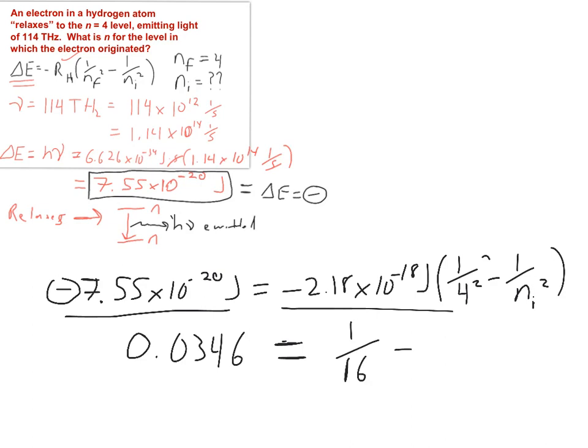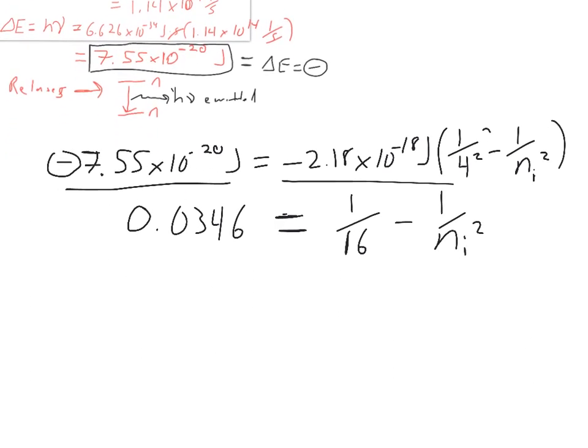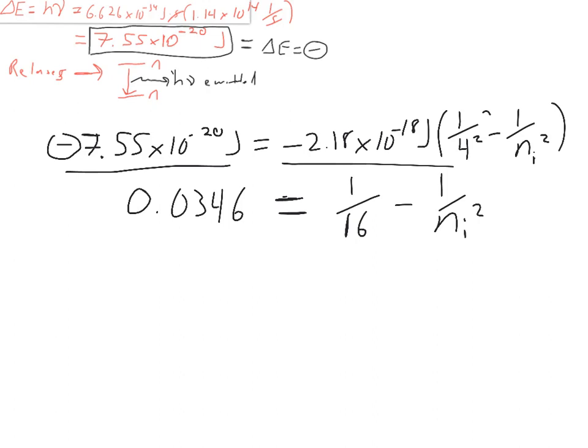4 squared is 16, for 1 over the initial state squared. 1/16 is equal to 0.0625.